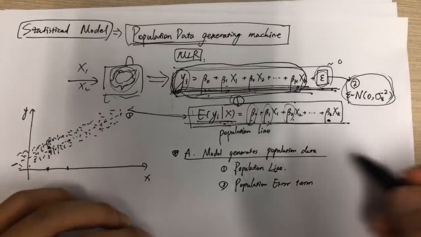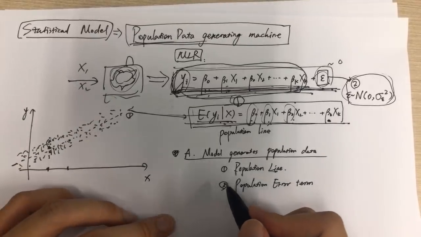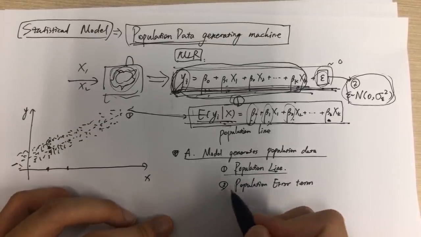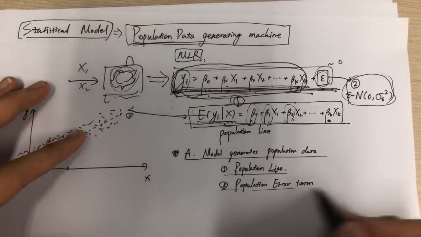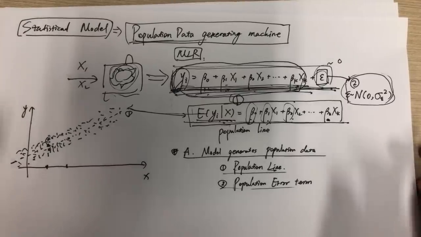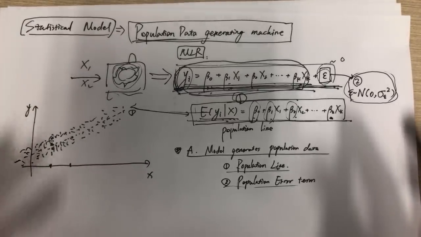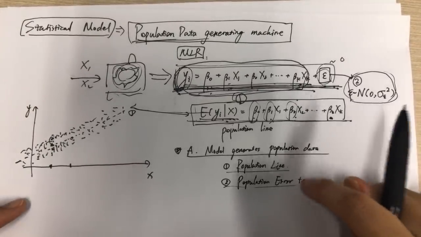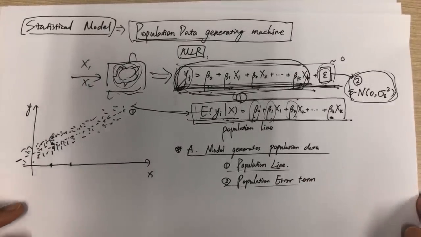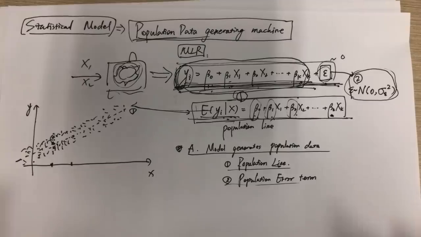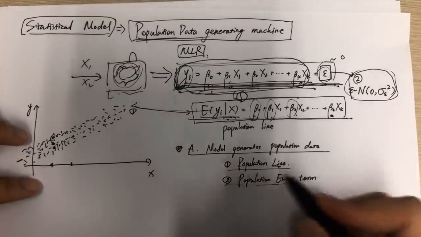That's because all we are learning is trying to estimate the population regression line as well as the population error term. So all you learned in the last 3 weeks is about the estimation or other applications on those two things.